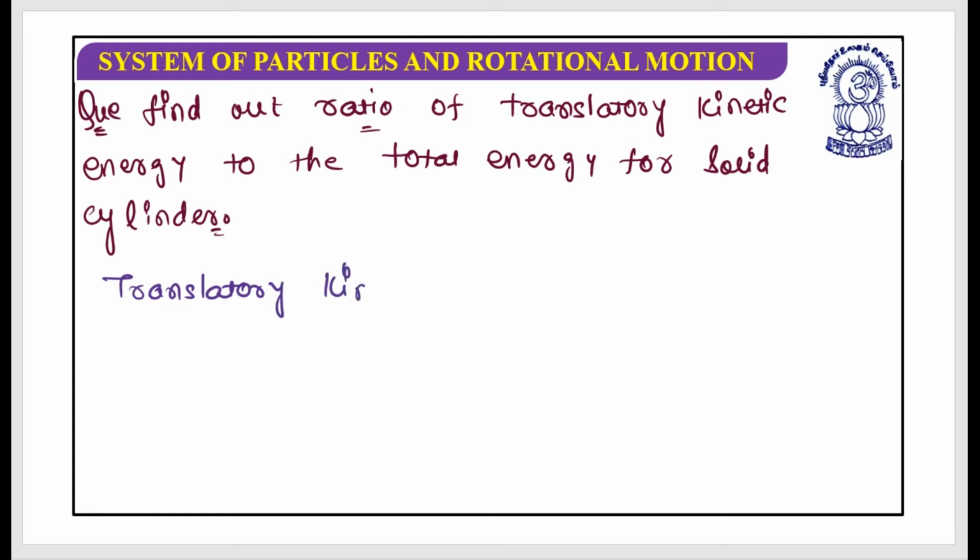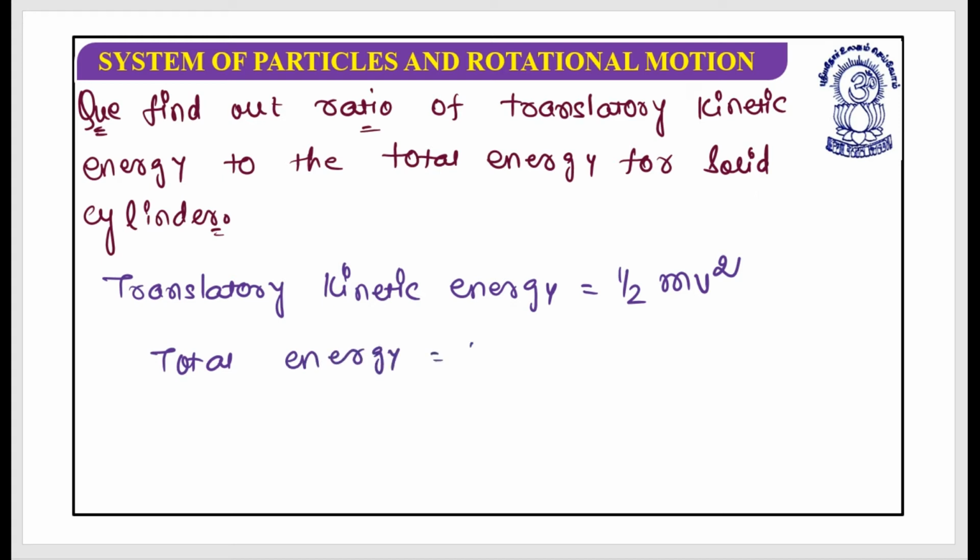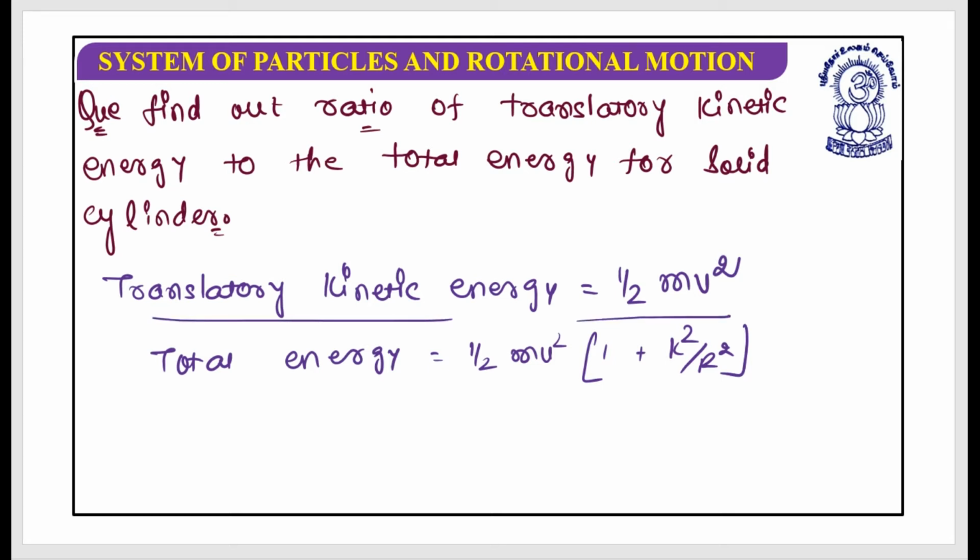translatory kinetic energy, that would be equal to half into m into v square, and the total energy would be equal to half mv square into bracket 1 plus k square by r square. If I take a ratio of this, the half mv square would be gone, and I am left with only 1 upon 1 plus k square by r square.